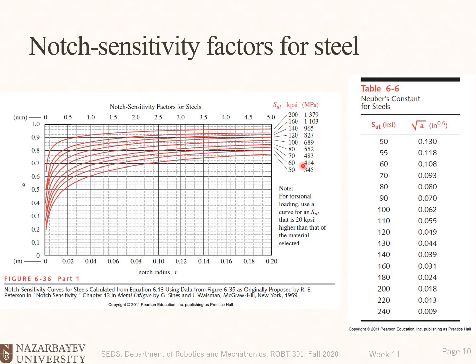So let's say you have steel with an ultimate tensile strength of 70, then you pick this graph, and by having the notch radius, you could calculate q.